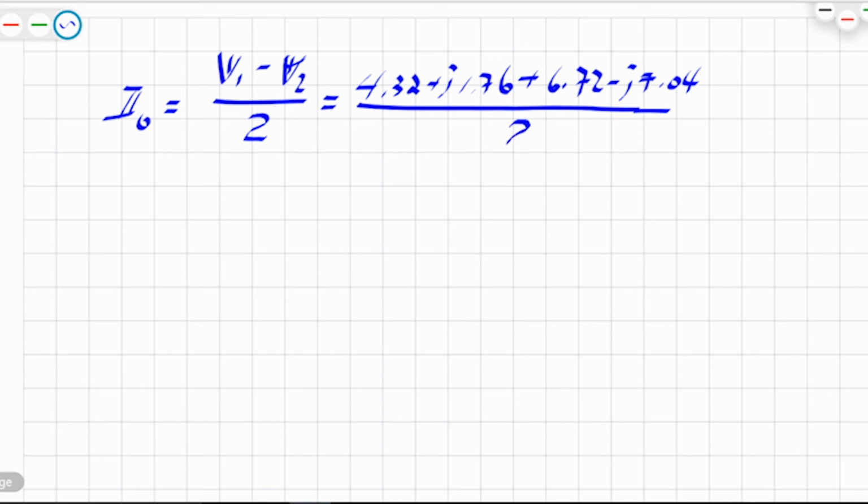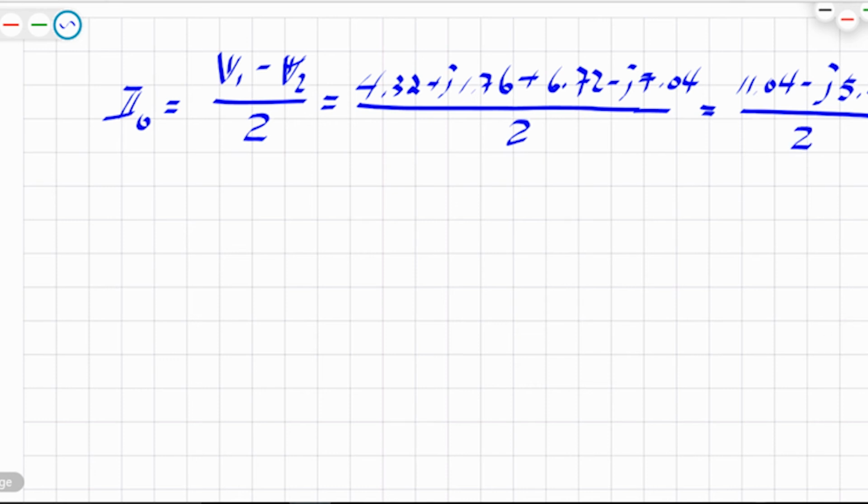Now you can see we can just combine the real part in the numerator and the imaginary part of the numerator. So we have 11.04 minus J5.28 divided by 2.